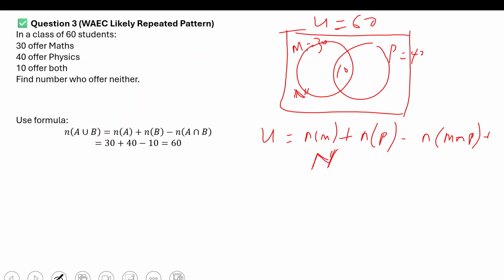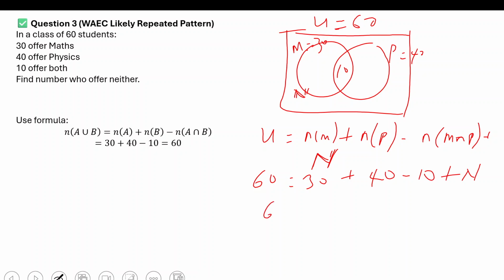Okay, universal set is 60. Number of maths is 30 from this diagram. Number of physics is 40, minus the intersection of maths and physics, which is 10, and plus N, neither.